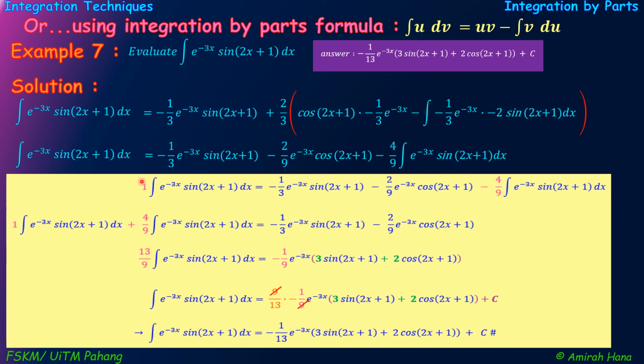When we compare, on the left-hand side, we have the integration of e to the power of negative 3x sine 2x plus 1 dx equals negative 1 over 3 e to the power of negative 3x sine 2x plus 1 minus 2 over 9 e to the power of negative 3x cos 2x plus 1 minus 4 over 9 integration of e to the power of negative 3x sine 2x plus 1 dx.